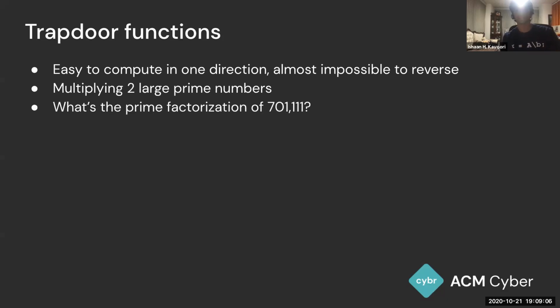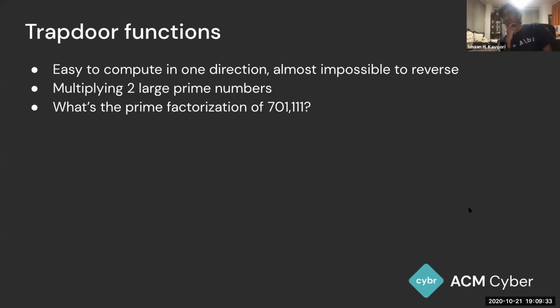You might have already known that. For example, if I asked you what is the prime factorization of 701,111, could you answer that? Anybody want to chime in? Okay. I mean, you might be able to if you spend a little bit of time.